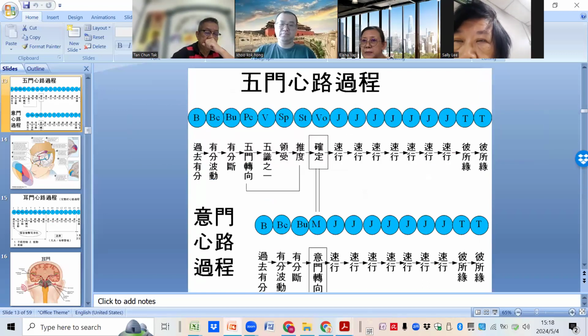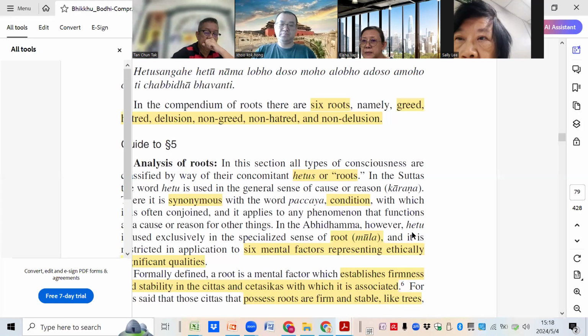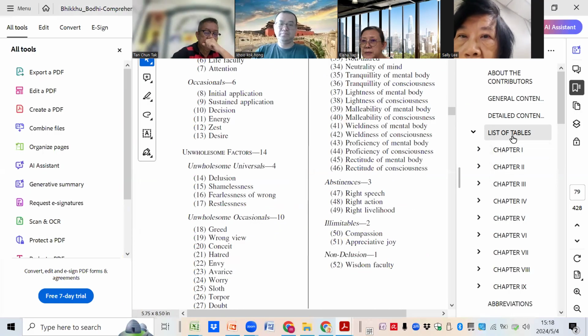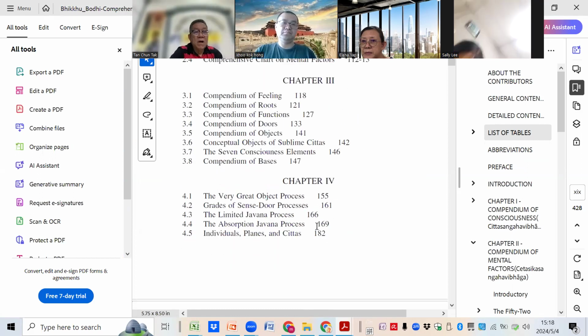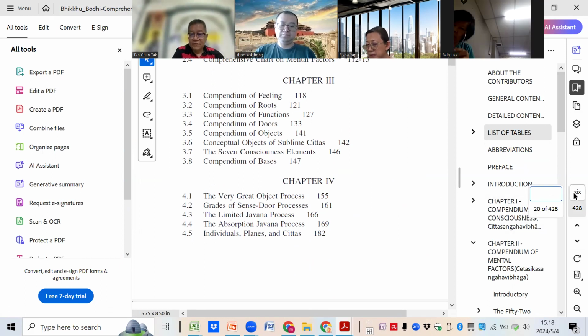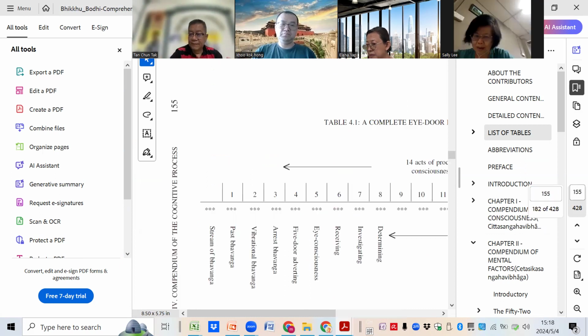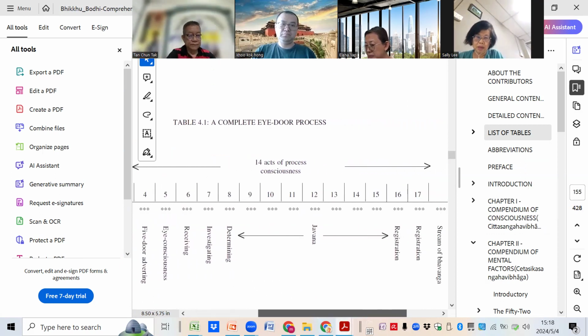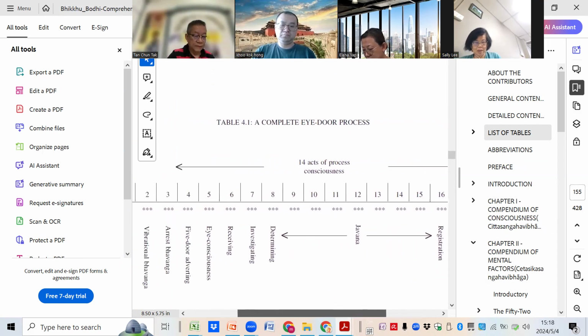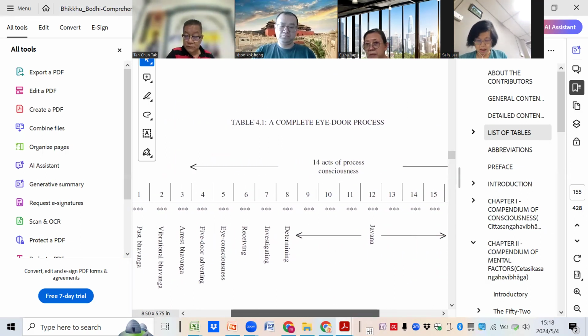I think I better use this diagram instead. Class, please go to this diagram, chapter 3, chapter 4, 4.1, page 155. Do you see page 155?